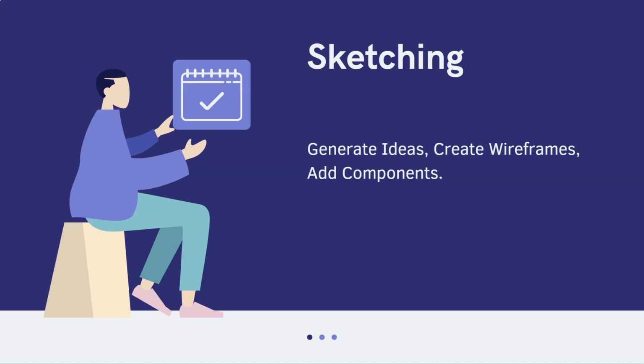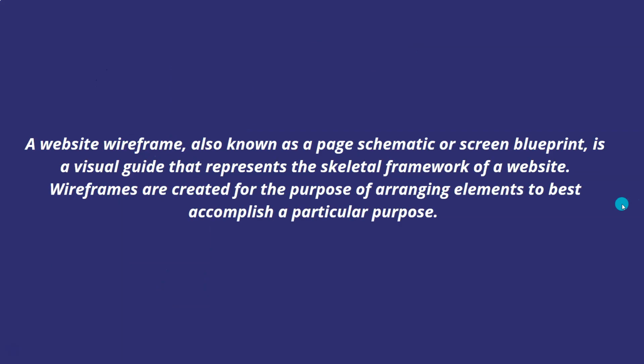You might have some idea or plan in your mind about a product that you want to create, or you can get ideas from the client requirements. So first you need to generate ideas and acquire inspiration. The next step is you need to create wireframes. What wireframes are, we are going to discuss in the next slide.